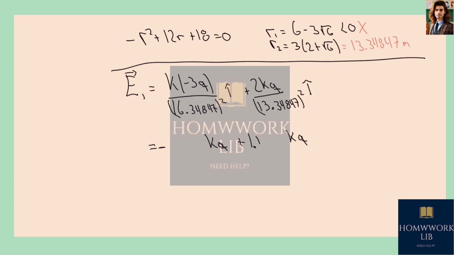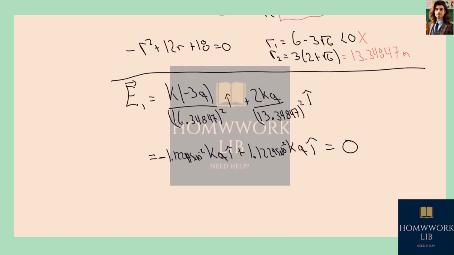This is going to be 1.12245 times 10 to the minus 2. And on the other side, we're going to get exactly the same number, with kq, but with the opposite sign. So this verifies that indeed the electric field is also going to be 0 at that position.